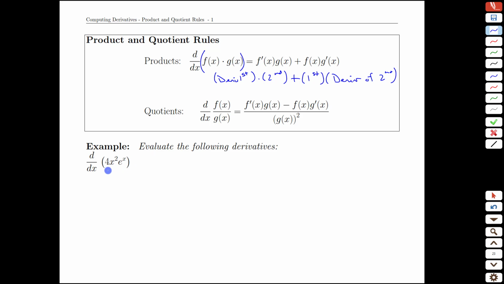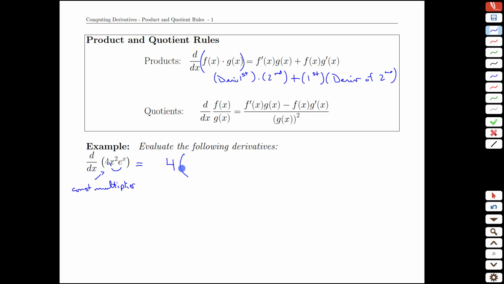Let's apply that down here to the function we're given. We have 4x squared e to the x, and here we have the product of two functions of x, and we also have a constant multiplier out front. Now, applying all of our rules, that constant multiplier is going to stay around. It's going to be 4 times the derivative of everything else on the inside.